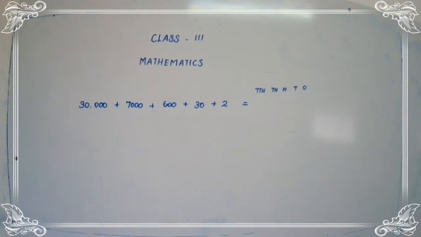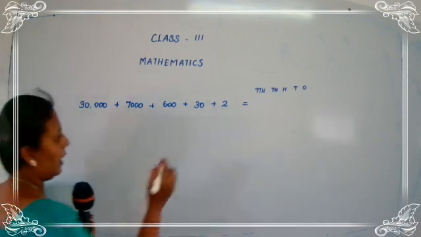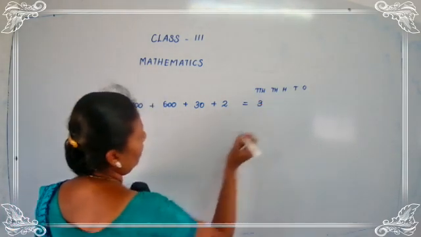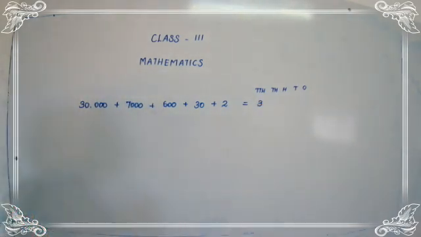So we have to write 3 in the ten thousands place. How many ten thousands? 3 ten thousands.